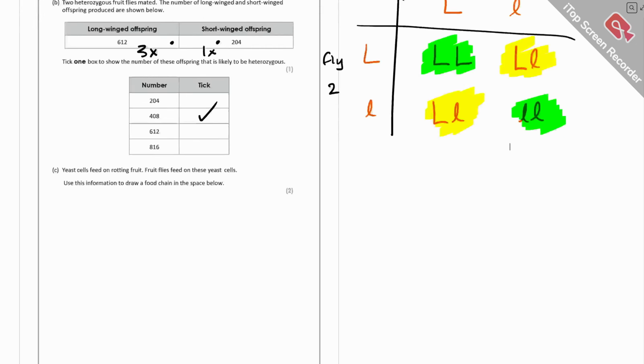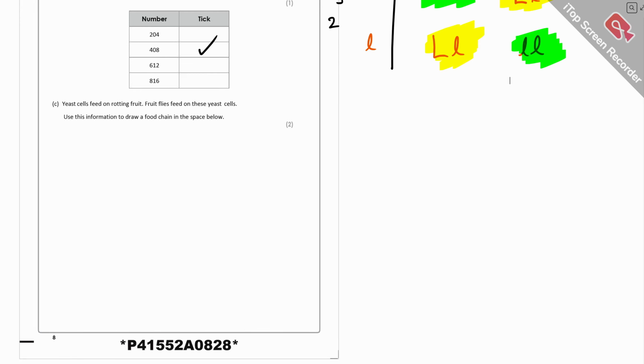Right, we need to draw a food chain for a yeast cell feeding on a rotten fruit, and then the fruit flies feeding on the yeast cell. So you always start at the bottom, and whichever way.